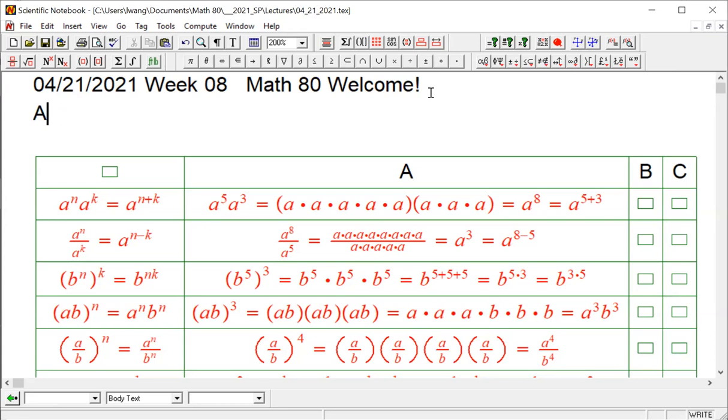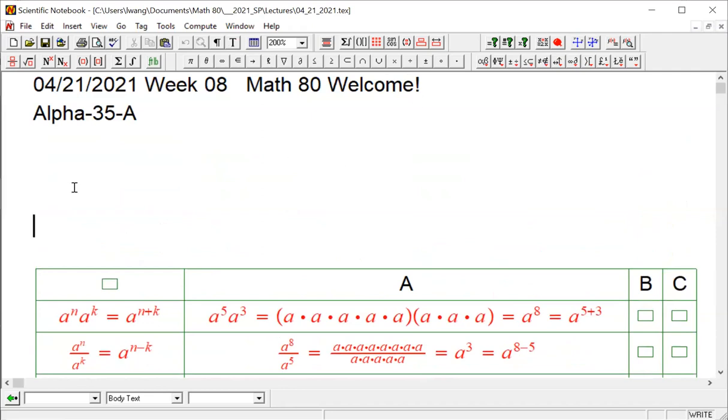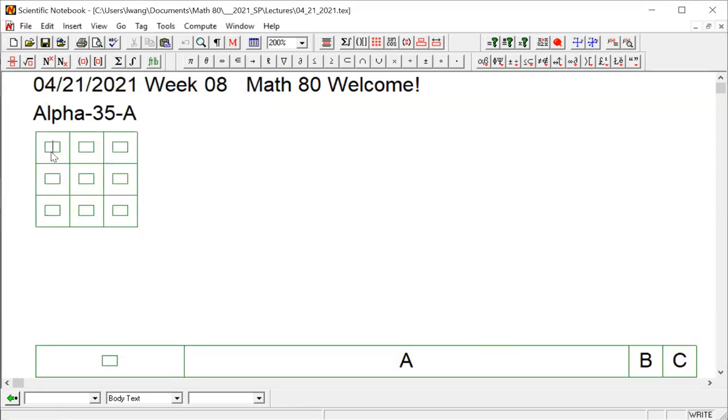Alpha 35A. This group of exercises is about the power of zero. One last row. You basically have 2 to the power 0, right?